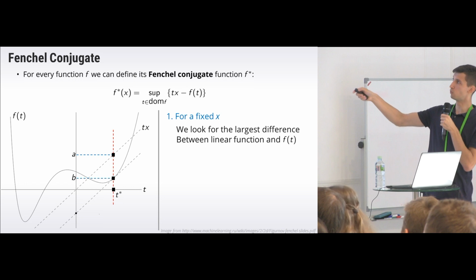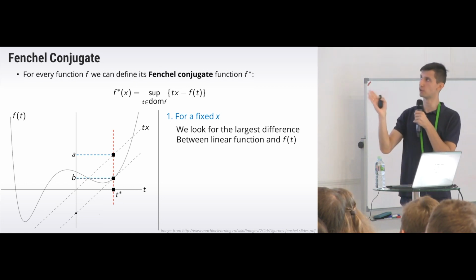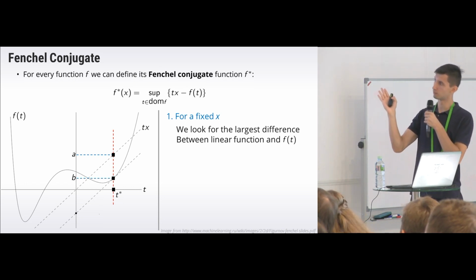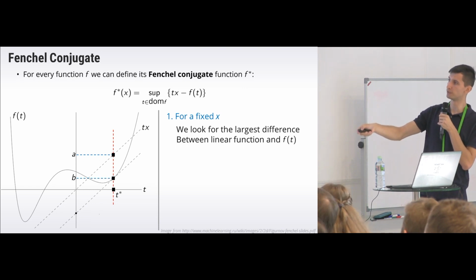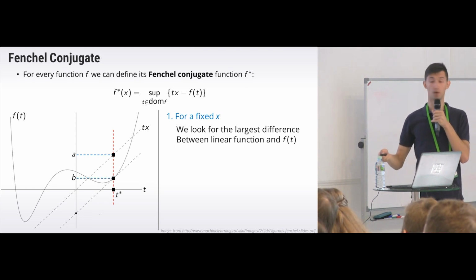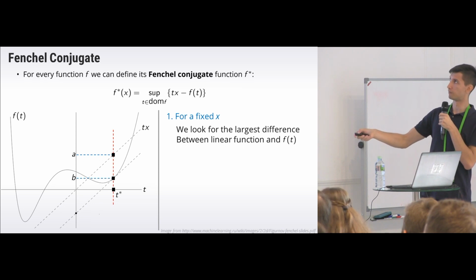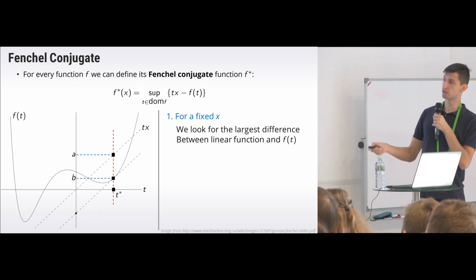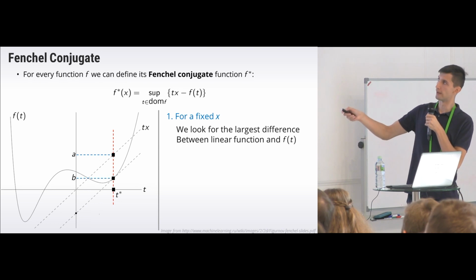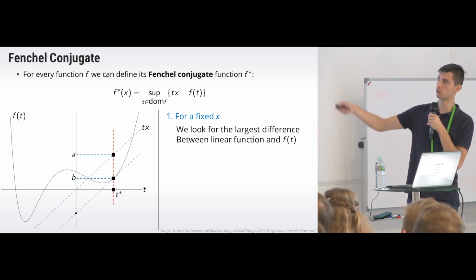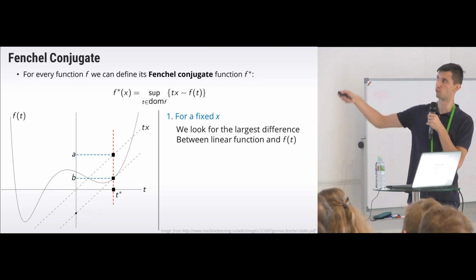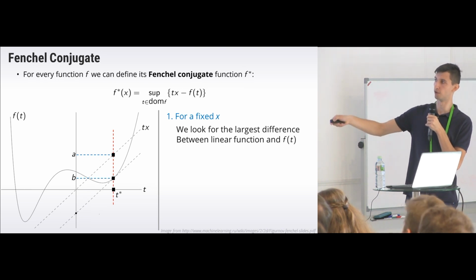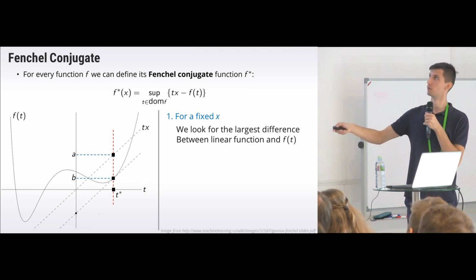What we basically do is try to find a point where this difference is the maximum. For example, this maximum is attained at this point t star. So the difference is a minus b. And the interesting thing is that x, the slope of this line, is exactly the gradient of f of t at the point t star.